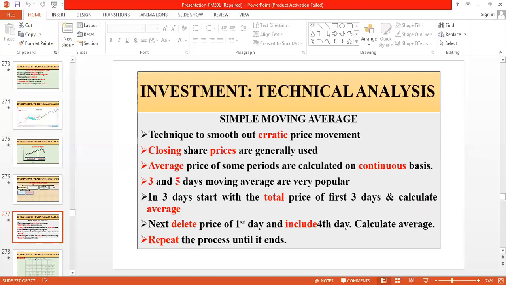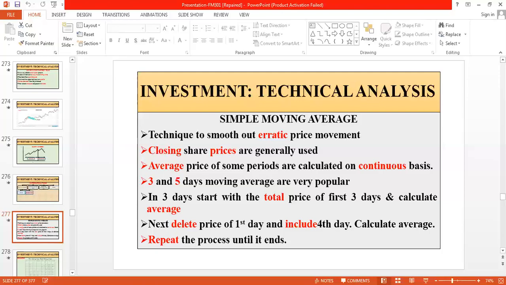We will convert them by adding 3, 5, or 7 days' figures, and then divide them by 3, 5, or 7 to get the moving average.